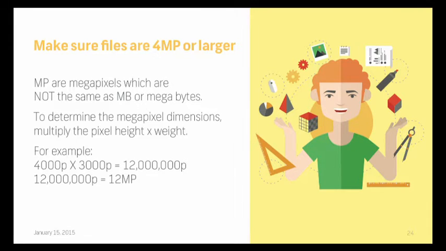So to determine the megapixel dimensions, you're just going to multiply the height by the width of the image. So for example, if I have a 4,000 pixel by 3,000 pixel illustration, that's going to equal 12,000,000 pixels, which means it's equivalent to 12 megapixels, totally sufficient for uploading to the site.